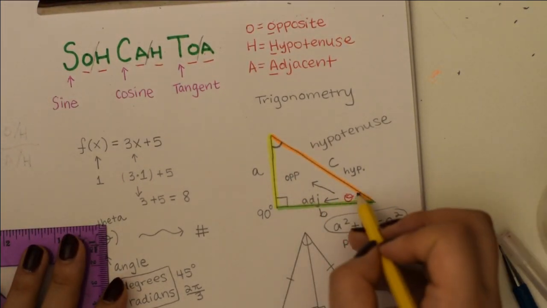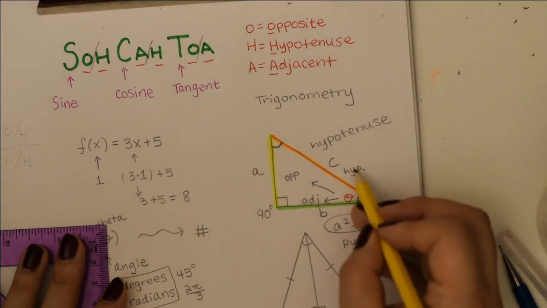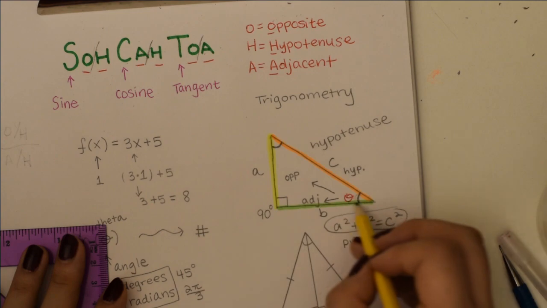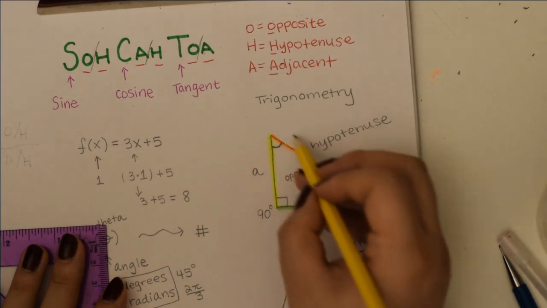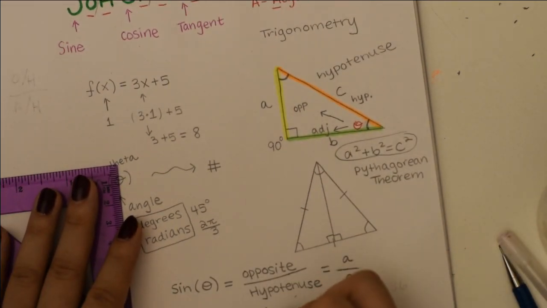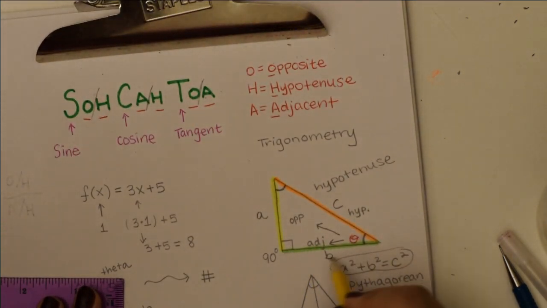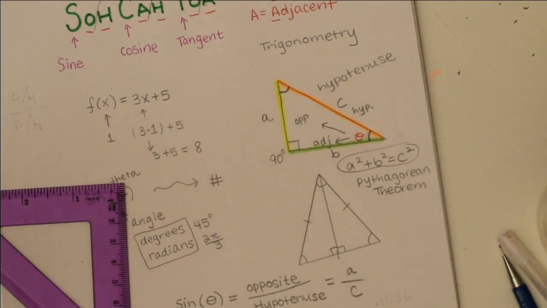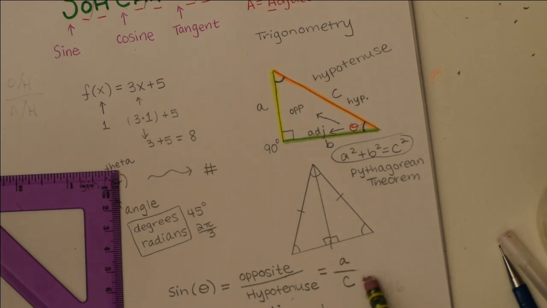So the side that is not the hypotenuse, but that is touching theta. Okay, adjacent over hypotenuse. So now I'm going to start abbreviating as ADJ over hypotenuse. So that will be B over C. That's it. Good job.